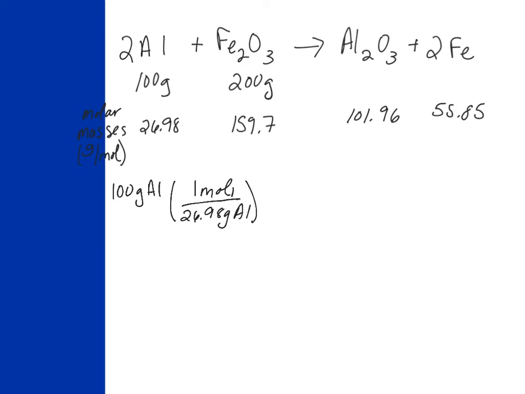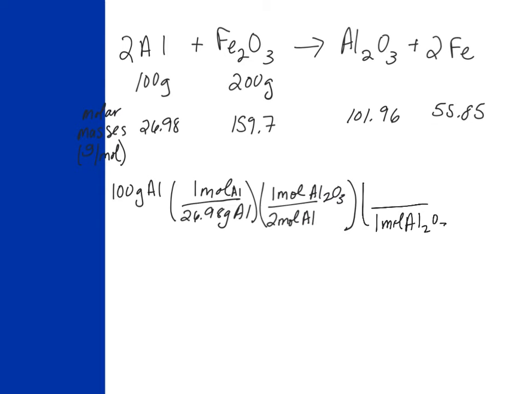If we look at our balanced chemical reaction, we see that for every 2 moles of aluminum, we form 1 mole of aluminum oxide. Then we can convert back to grams using the molar mass. So since moles is on top, we're going to put moles on the bottom. Moles of aluminum oxide for every 101.96 grams of aluminum oxide.